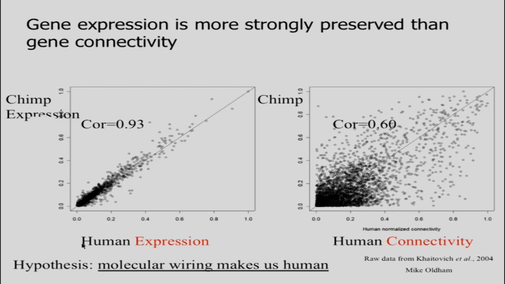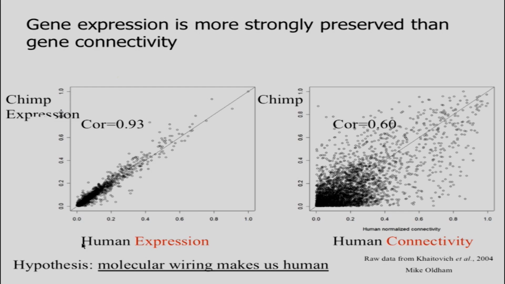However, the story changes a lot when you look at connectivity. Remember whole network connectivity. When you correlate connectivity in the human brain versus chimpanzee brain, the correlation is 0.6, much reduced, which could indicate that the connectivity pattern changes, meaning maybe gene regulation is different.